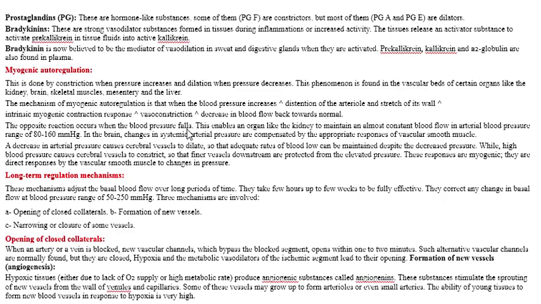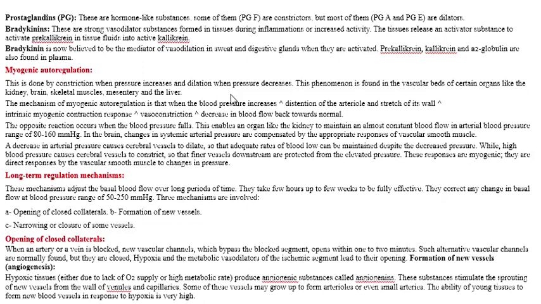This enables an organ like the kidney to maintain almost constant blood flow, and in the brain the blood pressure range should be between 80 and 160 millimeters. Changes in systemic arterial pressure can be compensated by an appropriate response of vascular smooth muscle.